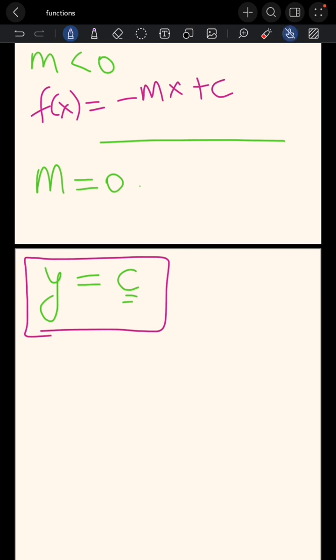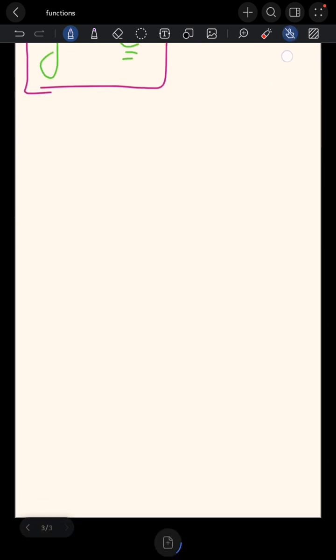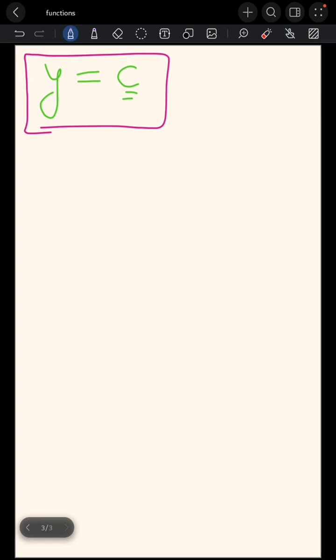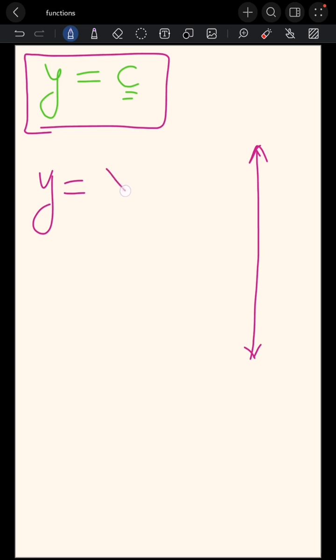Now, what about the case where our line looks like this? In this way, our gradient is just equal to the x value. It's a straight line, so our gradient is 1. So our equation can look something like this. Whatever the x value is, it's going to be our gradient.